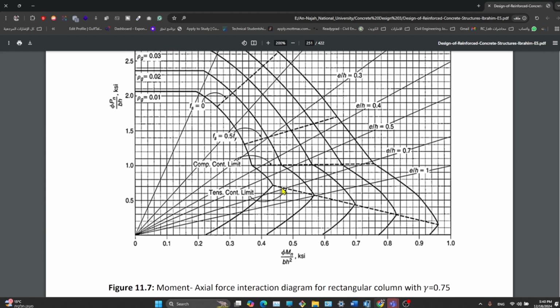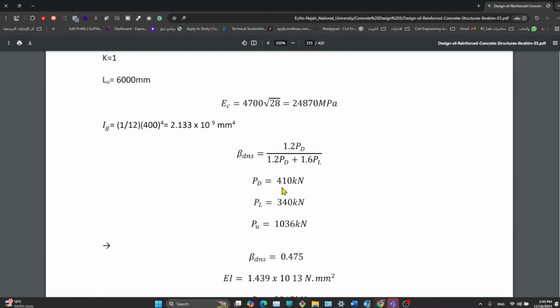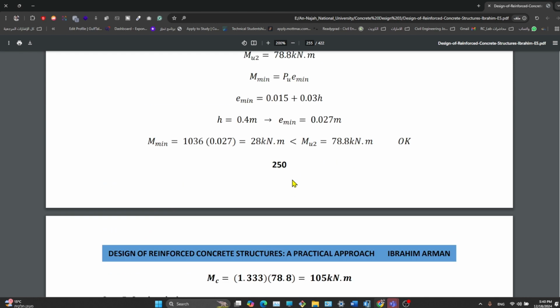Now referring back to the example. We computed the MC. Now we compute the M minimum. The P ultimate is given. Minimum eccentricity would be 15 millimeters plus 0.03 H. H is given 0.4. E minimum is 0.027.